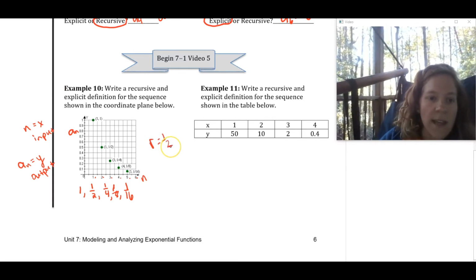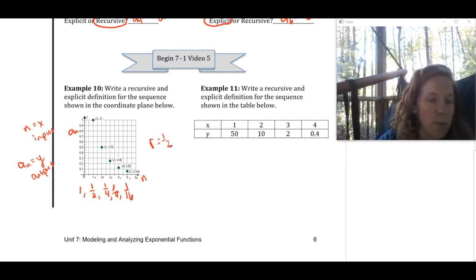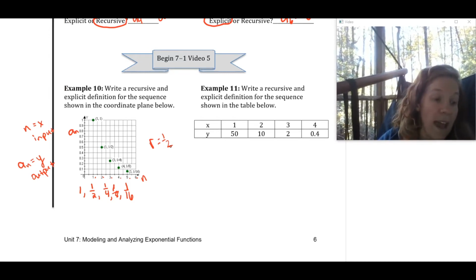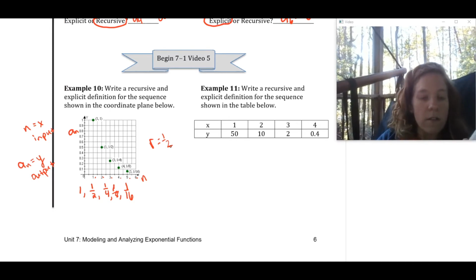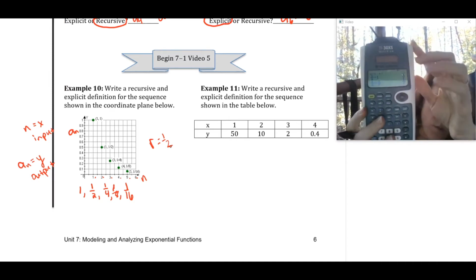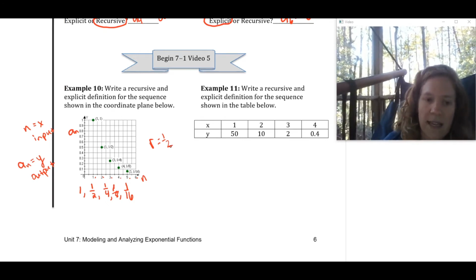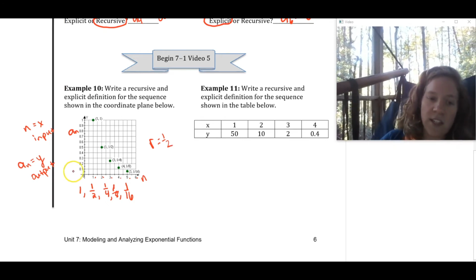If you want to check it, then do the next set of numbers. Put in 1/4 divided by 1/2, and it gives you 1/2 again. So I am multiplying by 1/2 each and every time, and I can continue to check that if I'm feeling uncertain.